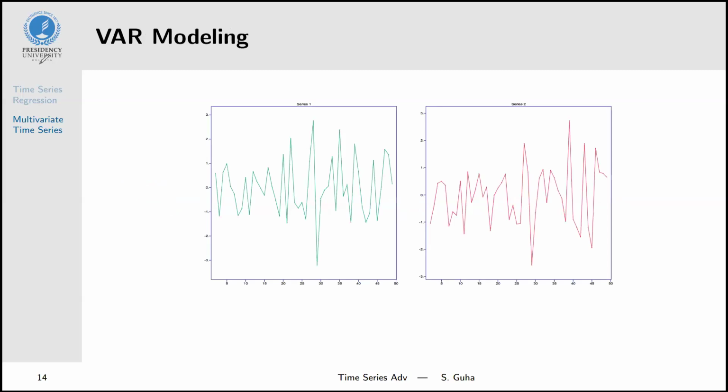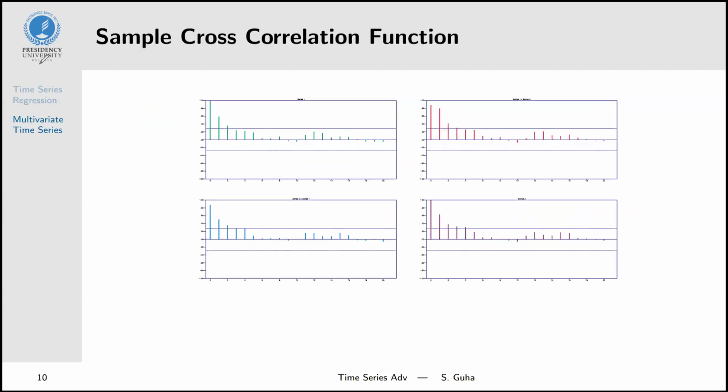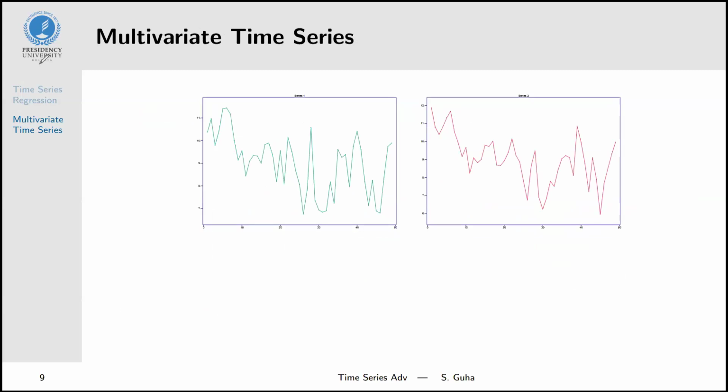So now we will show the result of this VAR model. This is basically the same data that I have demonstrated there. So this is the original data. Now the thing is that we generally don't directly fit a VAR model.